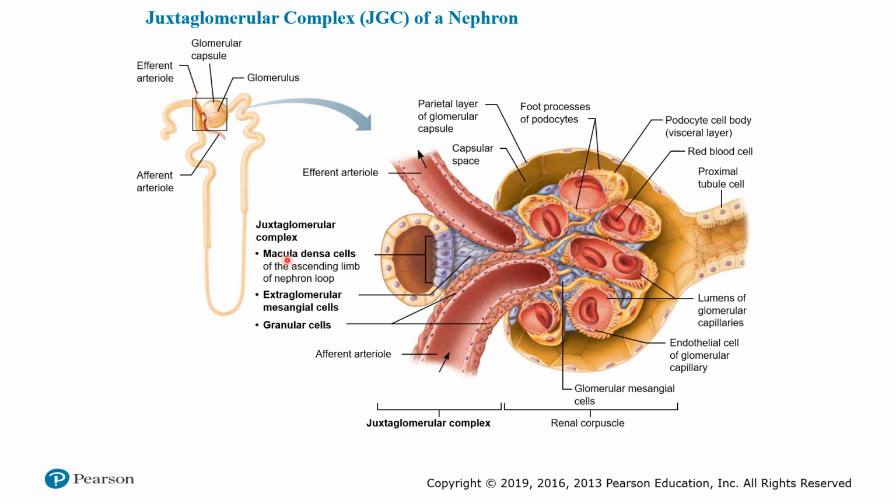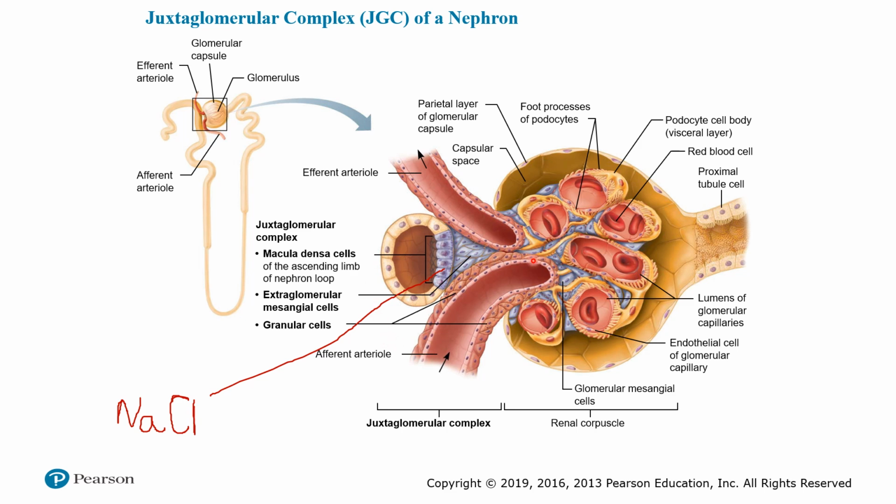They are known as macula densa cells of the ascending limb of nephron loop. These cells are sensitive to the concentration of sodium chloride in the filtrate which is coming in the ascending limb. So they can detect the concentration of sodium chloride in the ascending limb. So you can say they are chemoreceptors.